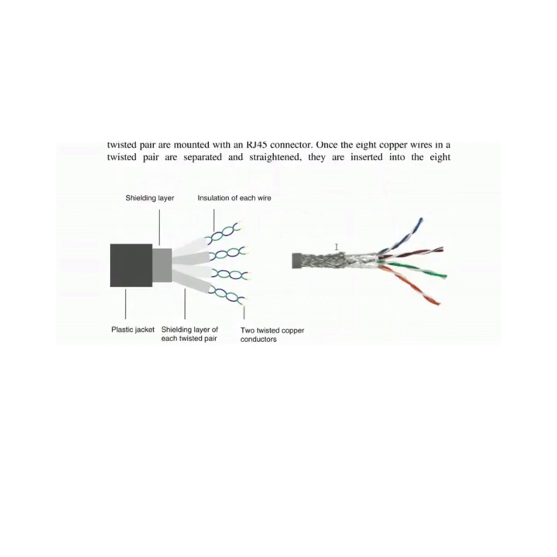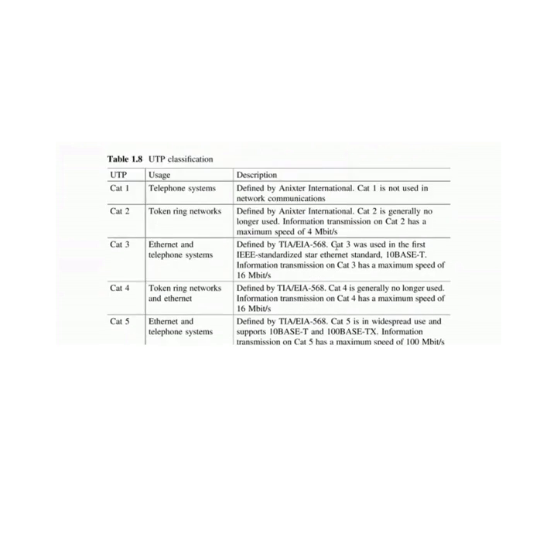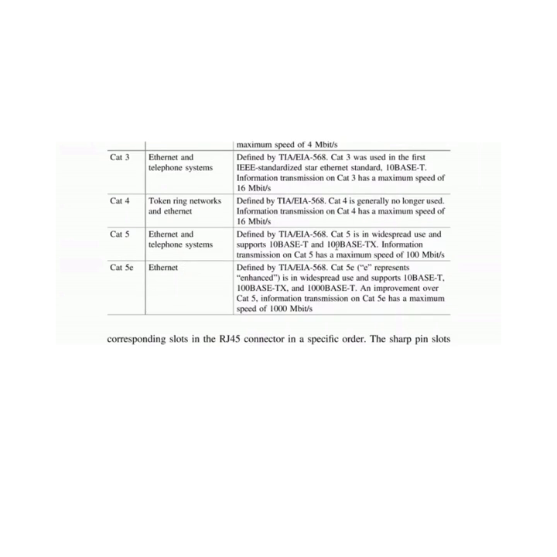We also have the twisted pairs. We also have the untwisted pair. We have different ones, as you can see from this table. The untwisted pair, we have different types of them. Cat 1, Cat 2, Cat 3, Cat 4, Cat 5.